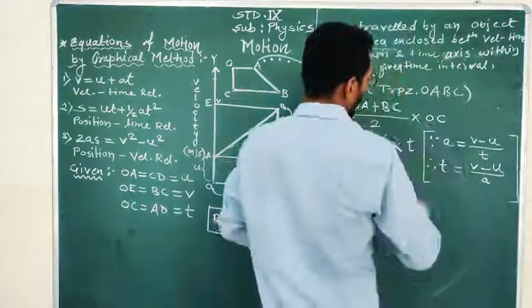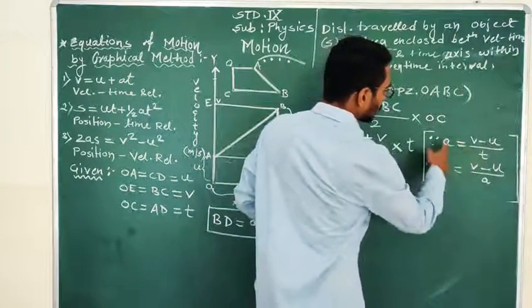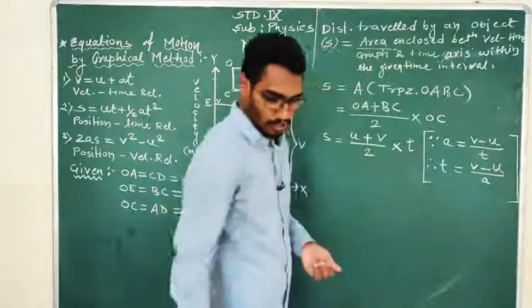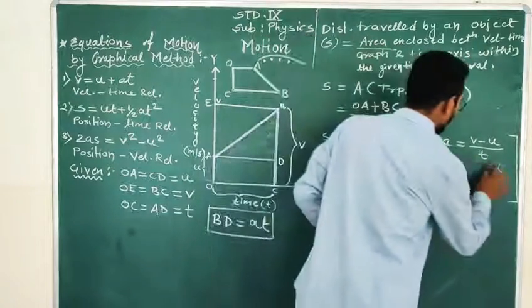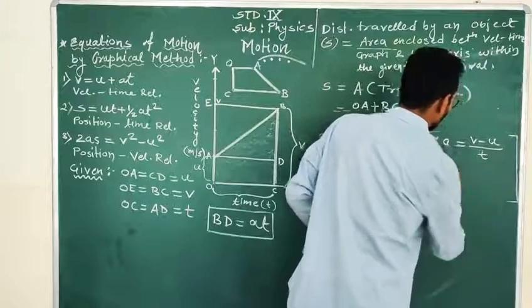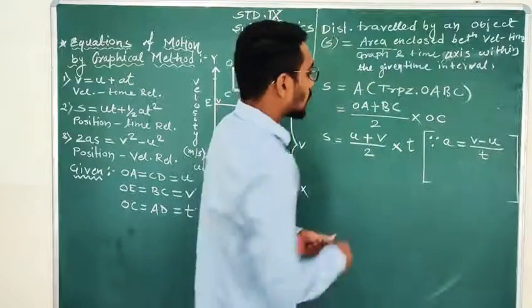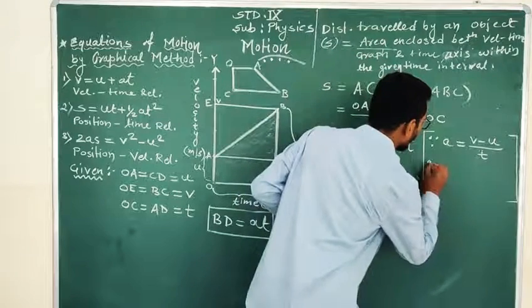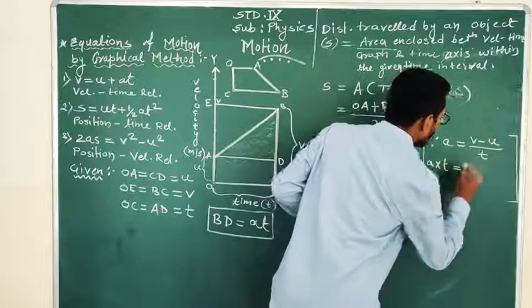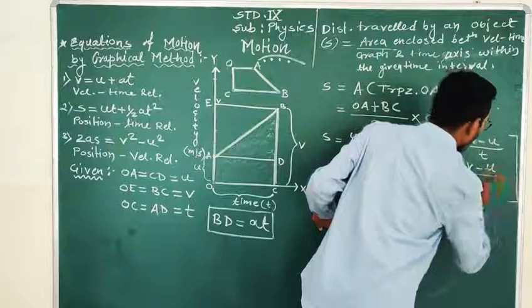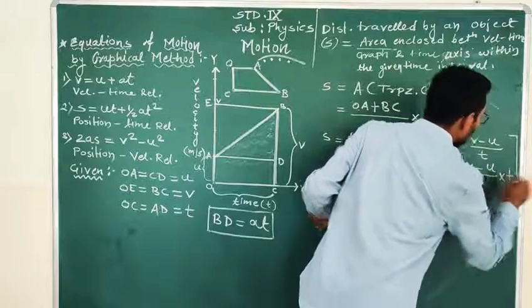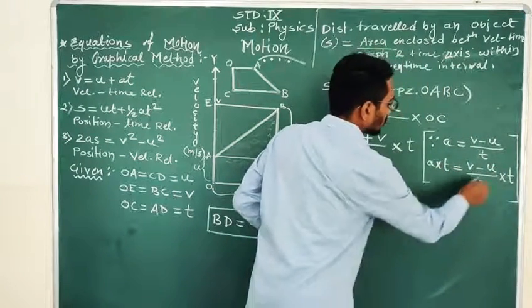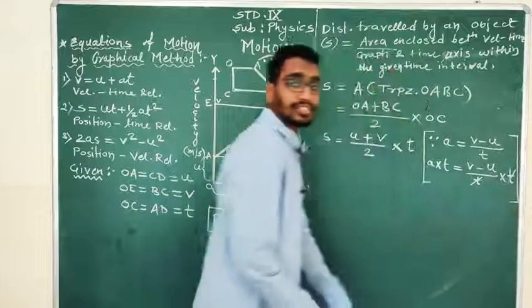See, if you are not getting this case, and T कैसे ऊपर आया और A कैसे नीचे गया, तो थोड़ा सा इसकी डिटेलिंग भी दे देता हूँ. First, multiply both the sides by t. What will you get? A into t is equal to v minus u by t into t. See, multiply both the sides by t, t gets cancelled.